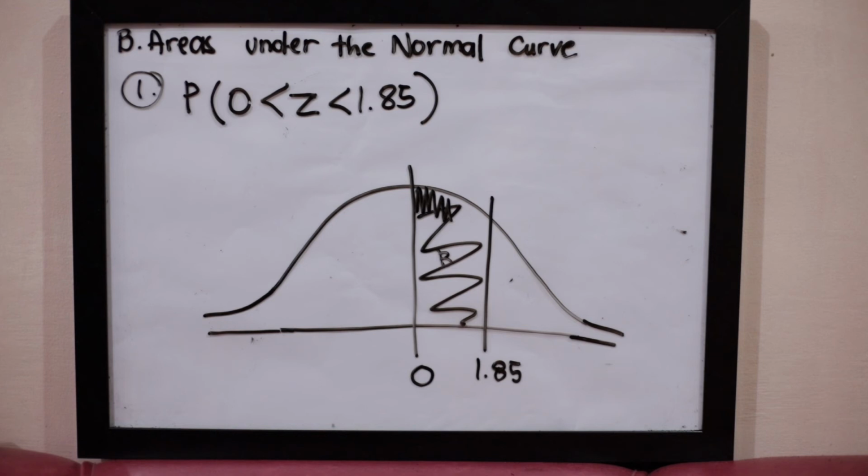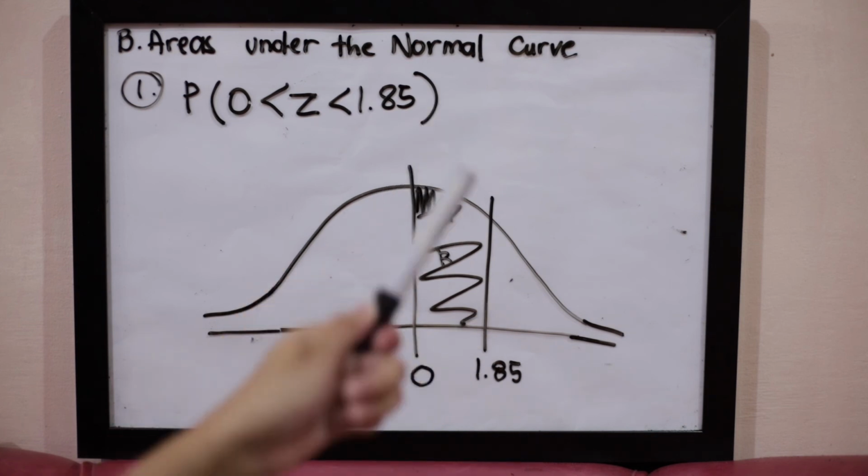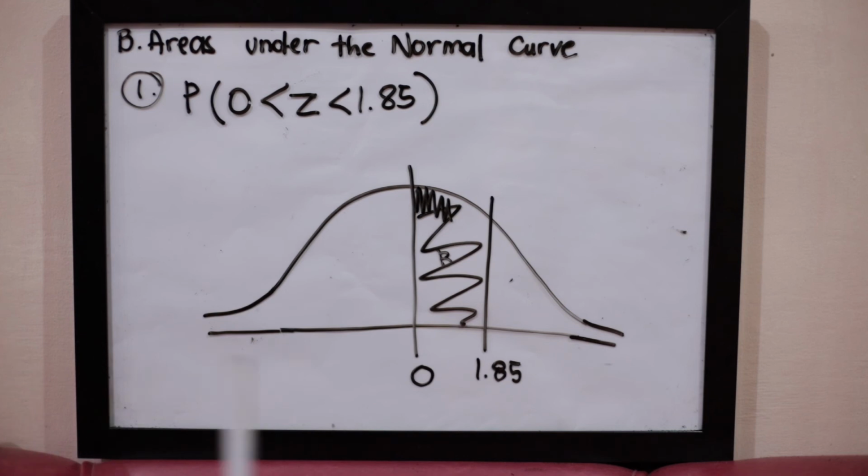And then, in the first row naman, you look for 0.05 since 5 is our hundredths place. So, ngayon, dun sa 5, you draw an imaginary vertical line. Tas yung intersection ng horizontal line nyo and yung vertical line is the area for 1.85. And that is 0.4678.